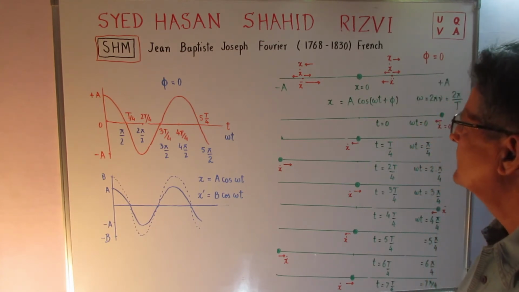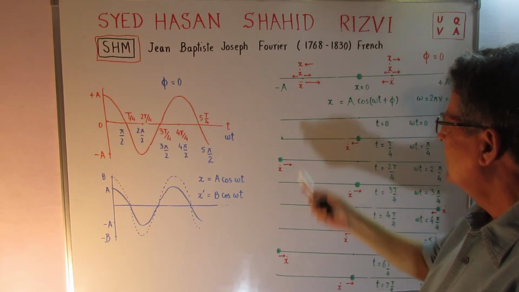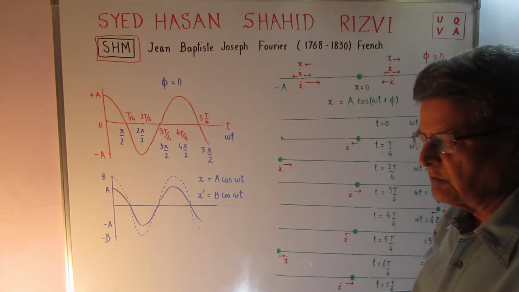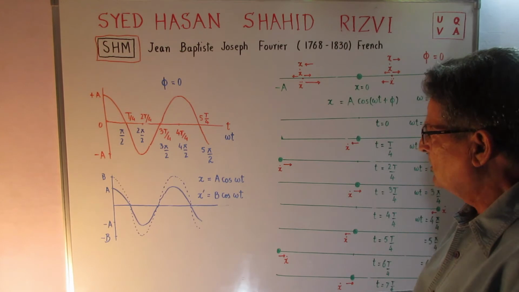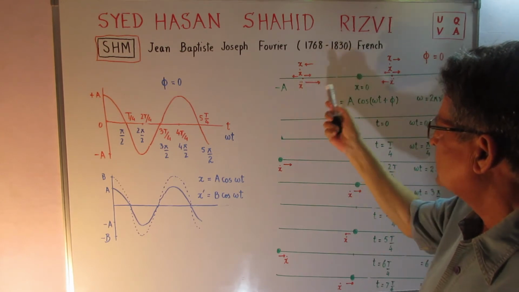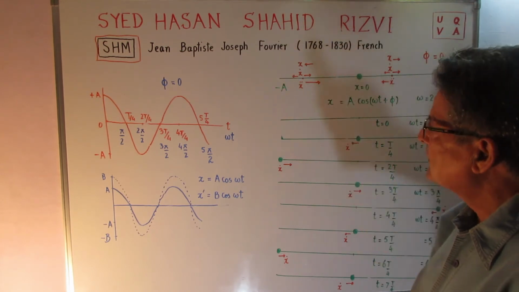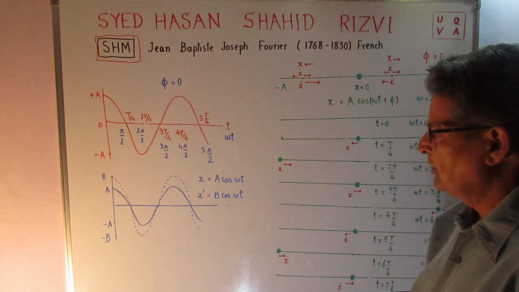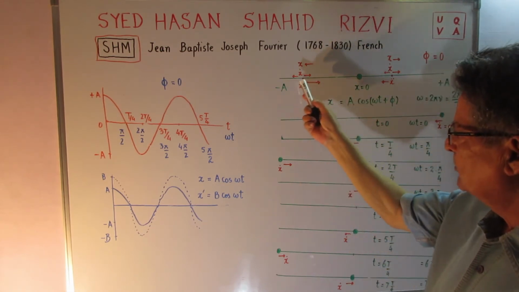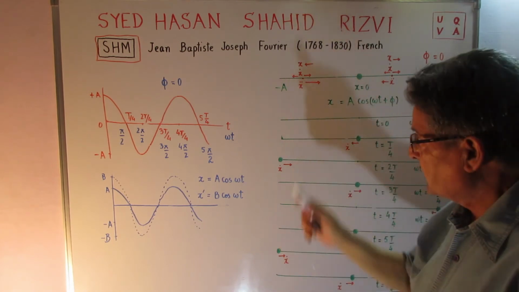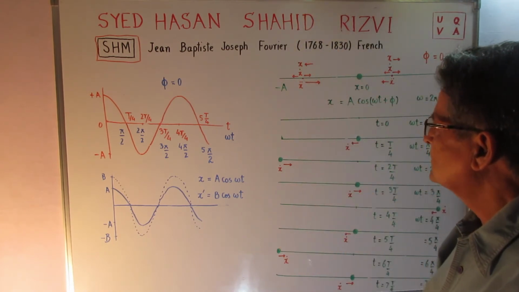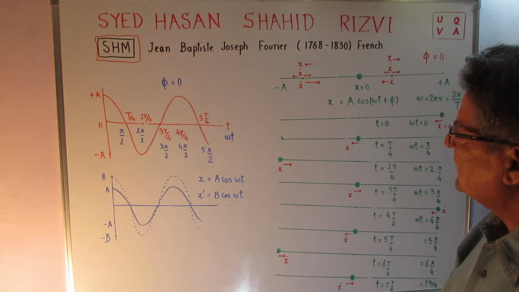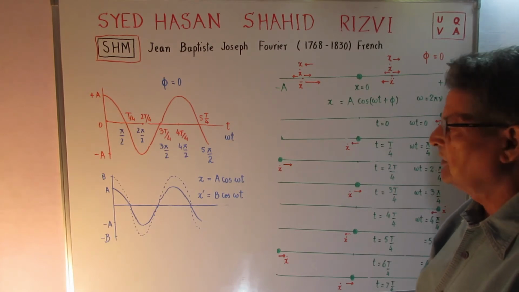Like you say, I choose the point on the left hand side of this equilibrium position. X now is in this direction. X dot, which is the velocity, could be in both directions. The magnitude is the same at this point, whether the particle is going left or going right.